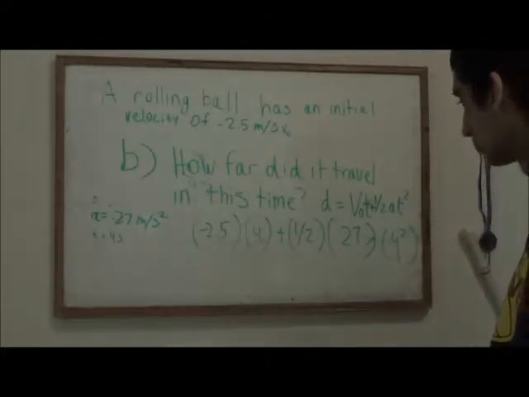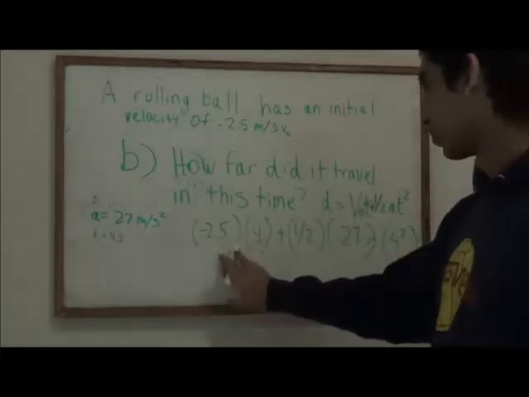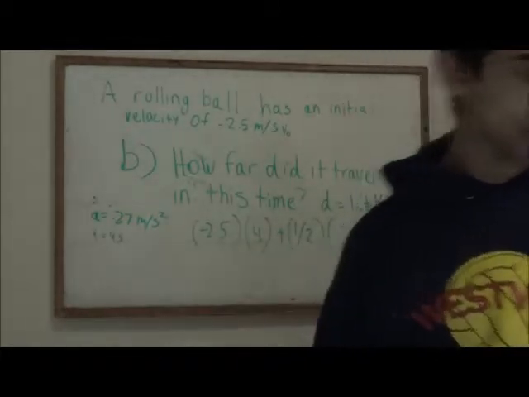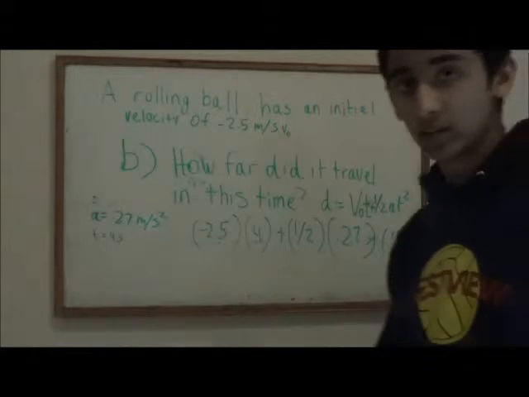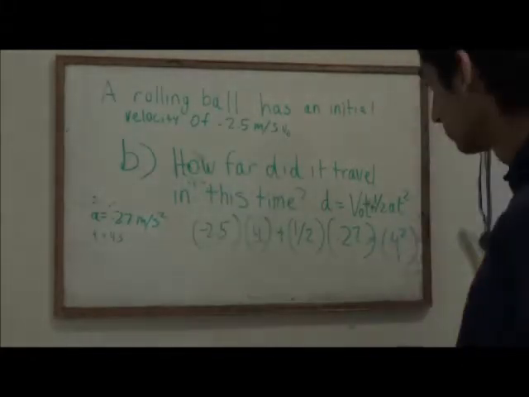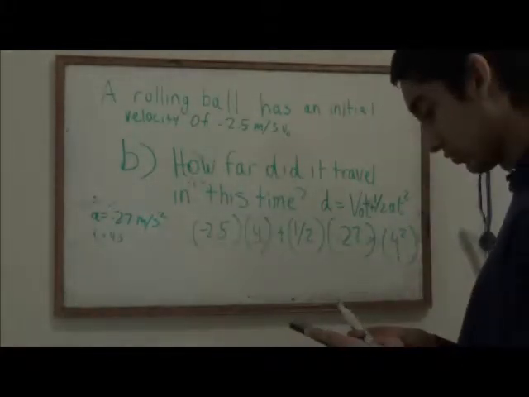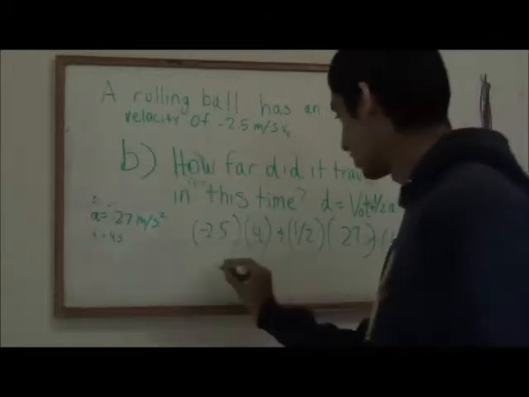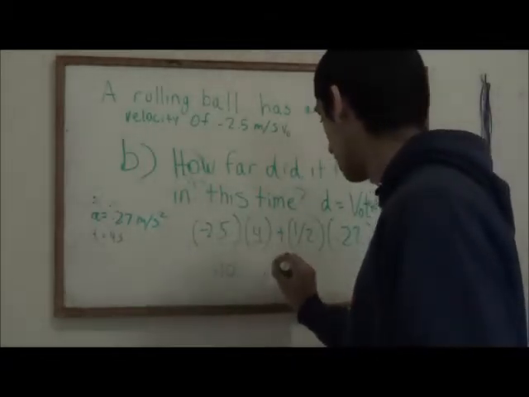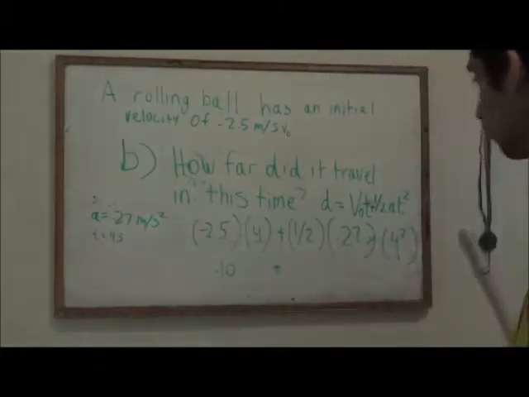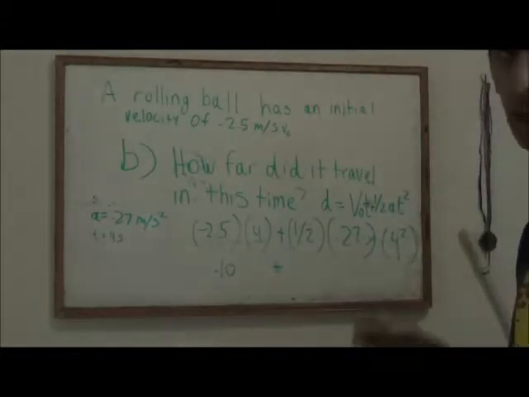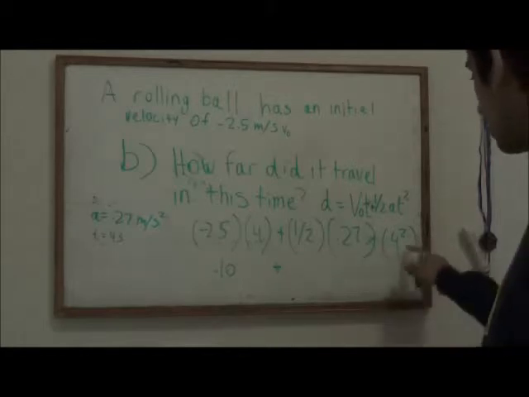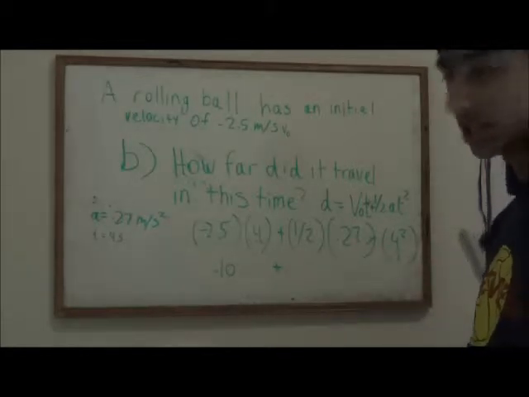So now I have to first multiply this together. Let me use my handy calculator again. So I have to do negative 2.5 times 4. Okay, this is negative 10 plus 0.5 times 0.27 times 4 squared, and 4 squared is obviously 16.